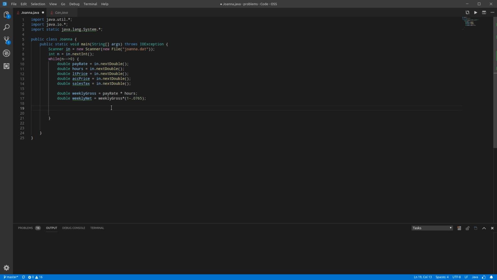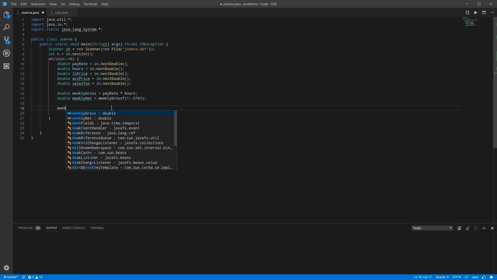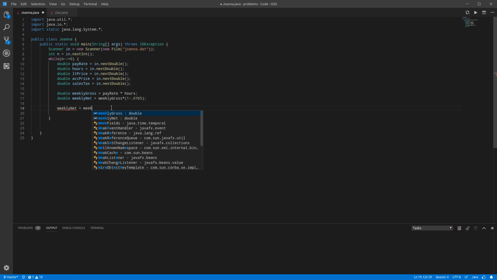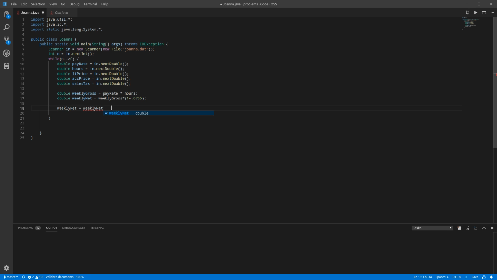So weekly net is going to equal weekly net, and there's a Math.round, but the problem is that it returns a long. It rounds to a whole number. There's no way to say round to 2 decimals.